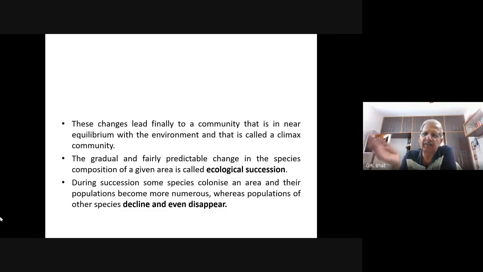When the habitat gets changed, new species start appearing there, which are very happy with the changed habitat. And their population size becomes bigger and bigger. Whereas the earlier population, because of the changed habitat, started declining in number and eventually disappeared. I hope it is understood clearly.